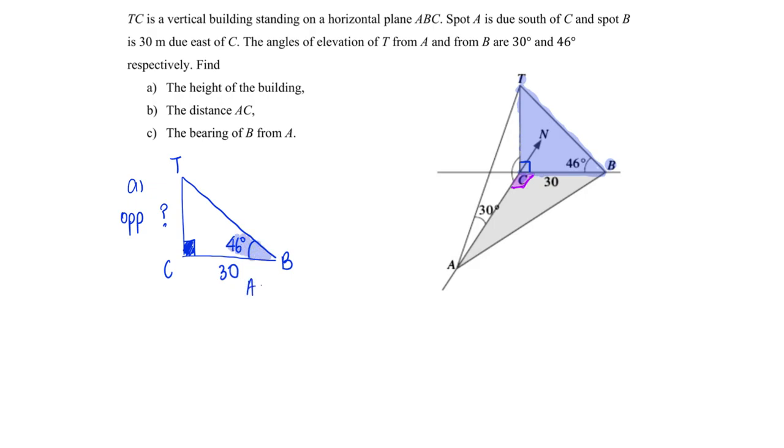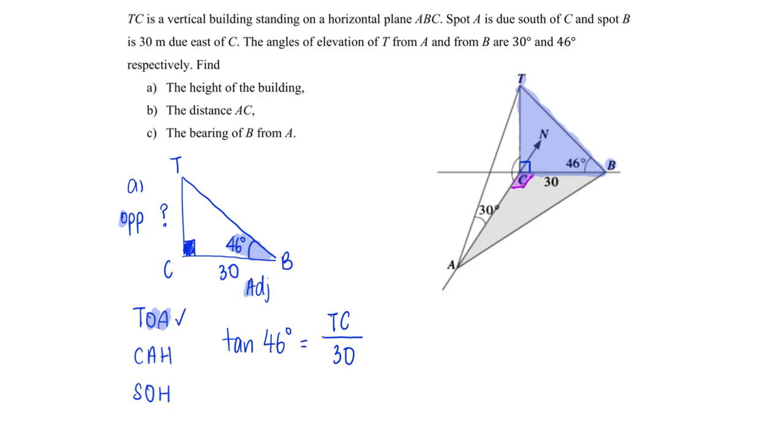This is my adjacent side. So given Tua Kaso, which of the three trigonometric ratios should I tap on to solve this problem? Yes, the tangent ratio, as that will allow me to find my TC, which is the height of the building.